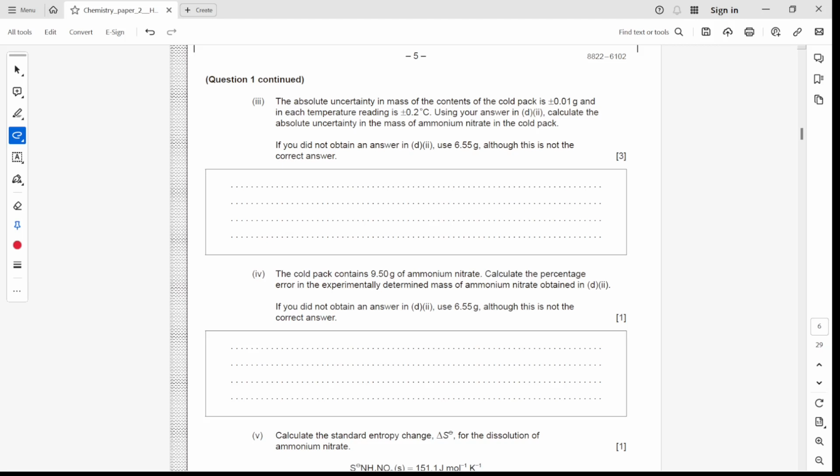And absolute uncertainty, right? For this question, we need to calculate the absolute uncertainty of the mass of ammonium nitrate. Okay, first of all, we have like 25 grams, and this error is almost negligible in comparison to this one, right? Because we have around 25 degrees, I think. And because we have two measurements of temperature, before and after, it's going to increase our error twice.